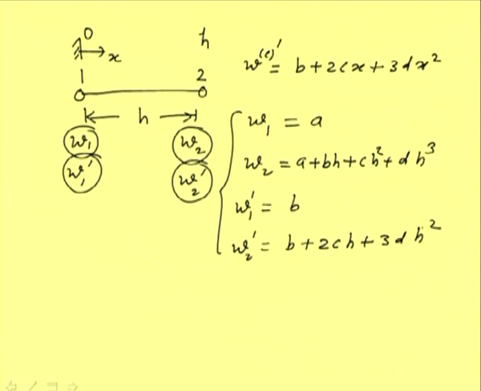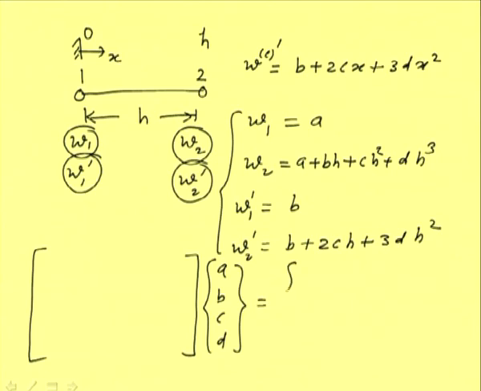These expressions can be put in a matrix form like this: w1, w1 prime, w2, w2 prime.